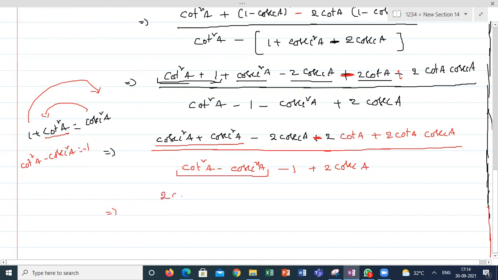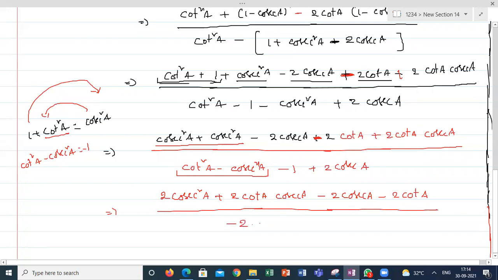So the numerator is 2 cosecant square A, plus 2 cot A cosecant A, so the negatives will be 2 cosecant A minus 2 cot A, divided by minus 1 minus 2 plus 2 cosecant A. What I'm doing is grouping these two terms.